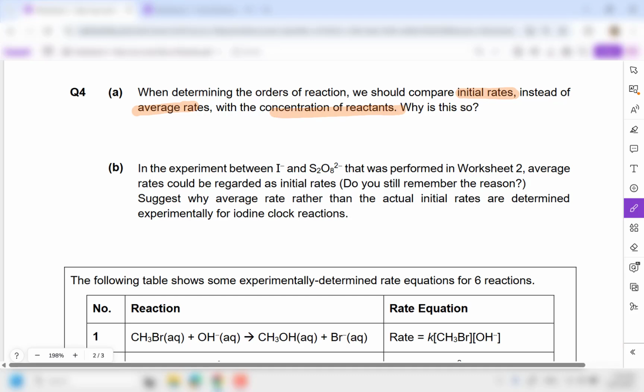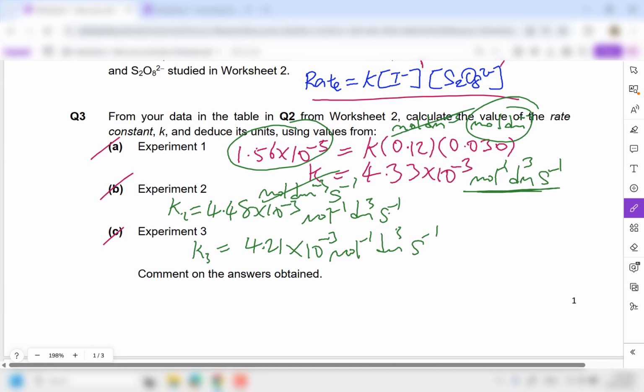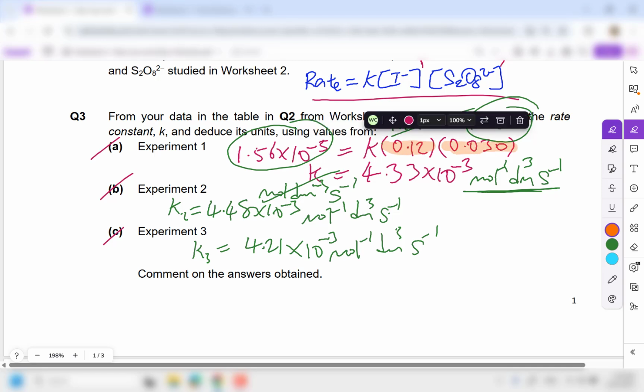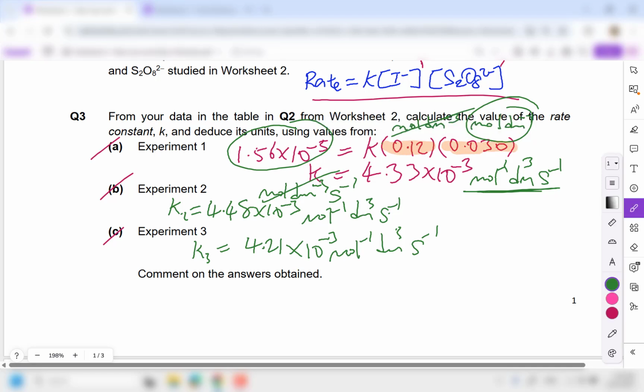It might be a little bit obvious, but it's sometimes difficult to discuss. If you look at what we are using here, I'm going to highlight this and this. These are what we call the initial concentration.